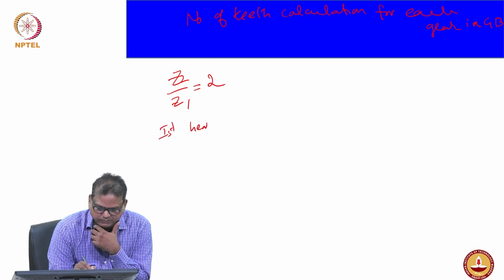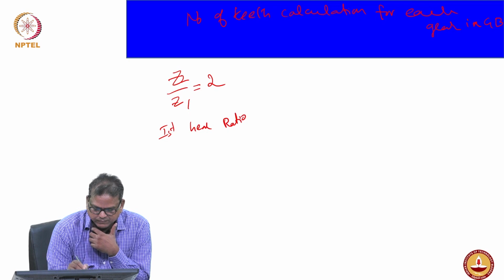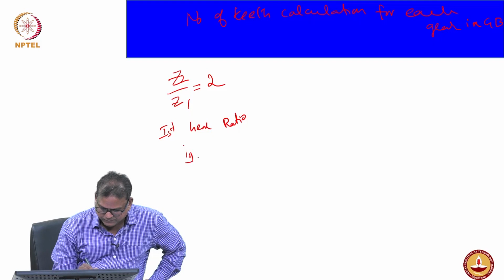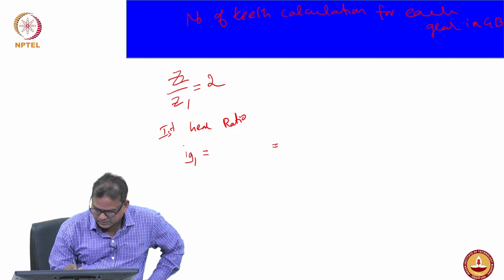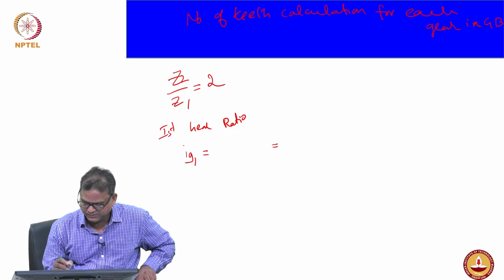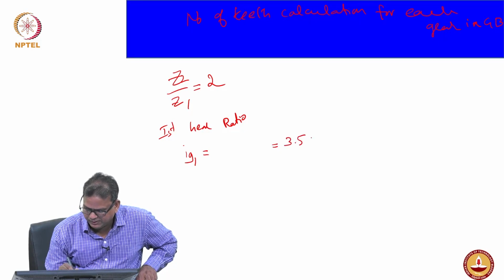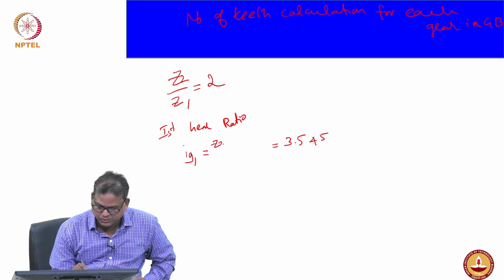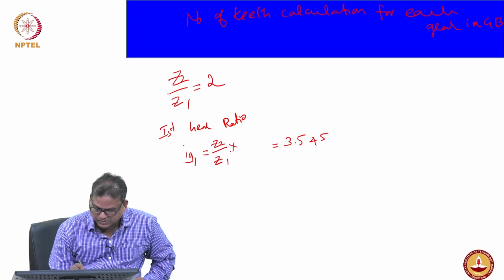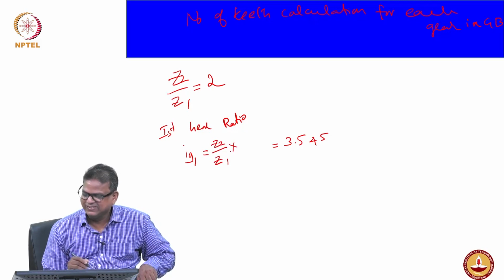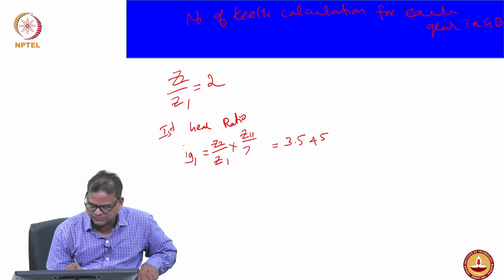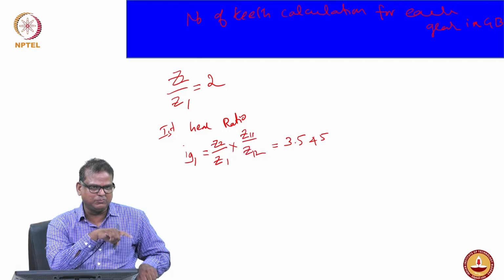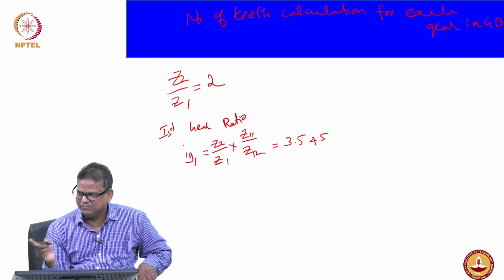What is the first gear ratio? Your IG1 should be 3.545, which we would expect from Z2 by Z1 multiplied by Z11 by Z12. This is the difference you will see between a regular machine tool gearbox and an automobile gearbox.